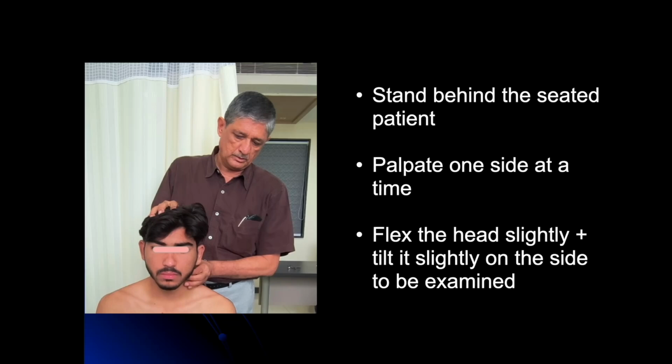Flex the head slightly, plus tilt it slightly on the side to be examined. This is to relax the muscles and deep fascia. Maintain this position by the other hand resting on the head to curb the natural tendency to extend the head back to the original position. Palpate with rolling movements of the pulp of the fingers.